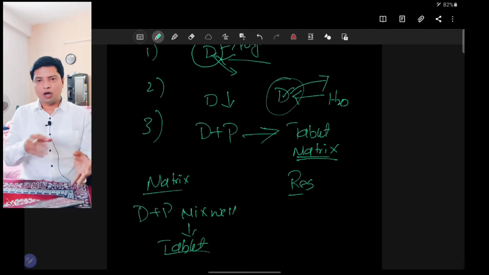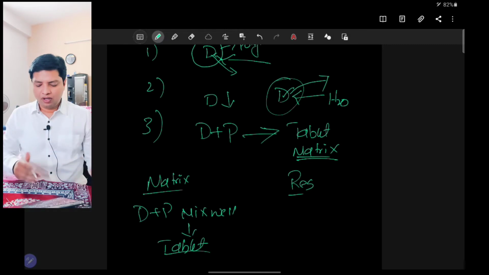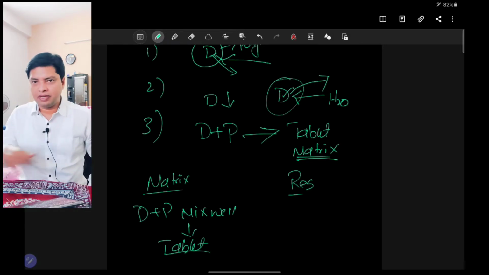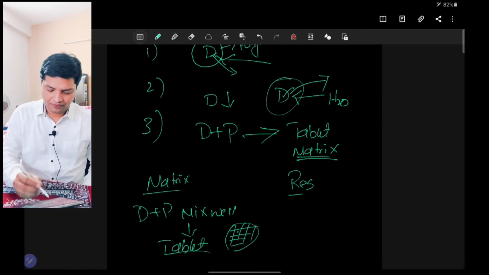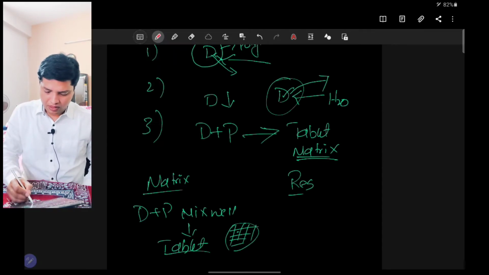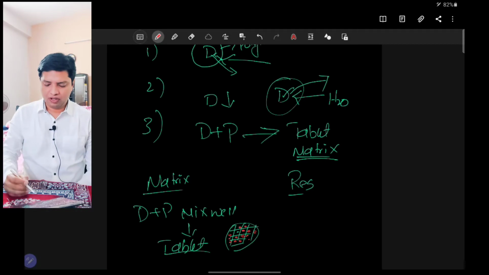This tablet contains polymer and drug molecules mixed evenly. We call it a matrix system, thoroughly mixed. The drug is thoroughly distributed in the polymer matrix like this. We have a tablet, we have polymer here, and the drug is thoroughly distributed. Assume these are the drug molecules thoroughly distributed throughout the polymer matrix. We call it a matrix system.